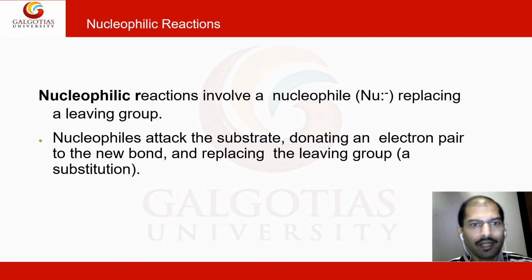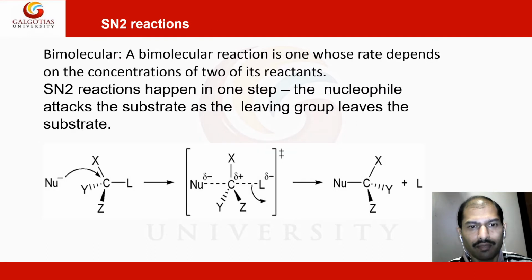The nucleophile attacks the substrate, donating an electron pair to the new bond and replacing the leaving group, a substitution. So there is a substitution of a leaving group that was on the original molecule.